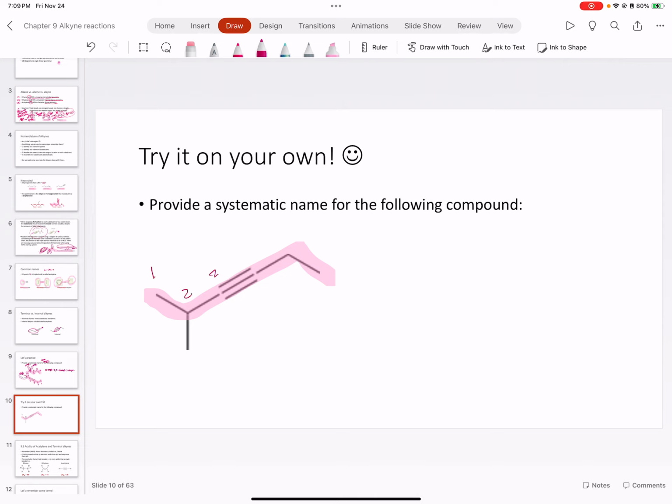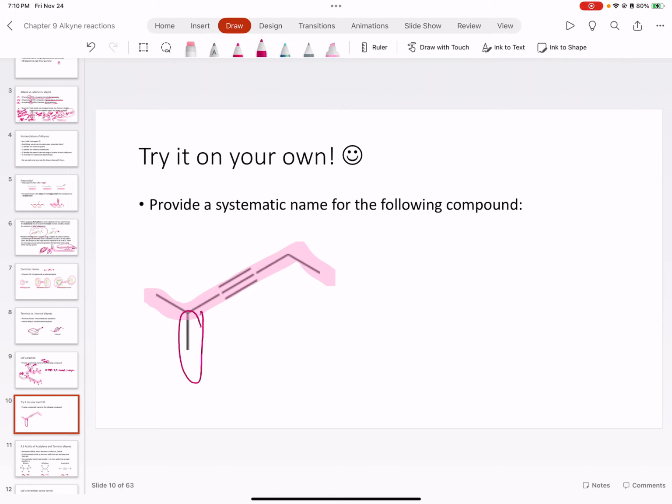I have 1, 2, 3, 4, 5, 6. I could have started counting this way, but since our alkyne will get 1, 2, 3, now we have to consider whether our substituent, this one, will get a lower number.